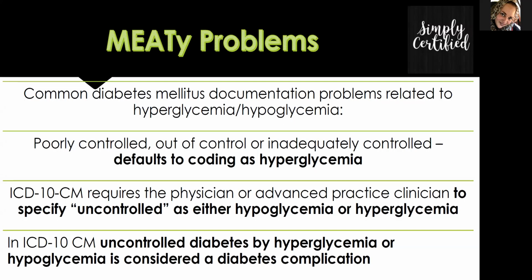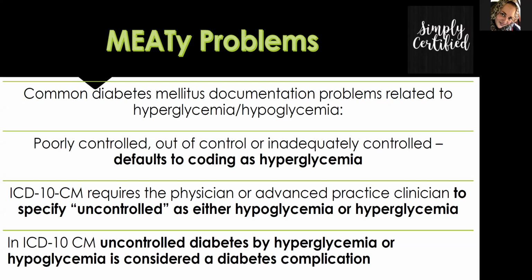Meaty problems. So problems when it comes to getting enough meat on the bone. Common diabetes problems, as far as documentation goes, are problems related to hyperglycemia and hypoglycemia. Poorly controlled, out of control, or inadequately controlled defaults to coding as hyperglycemia.